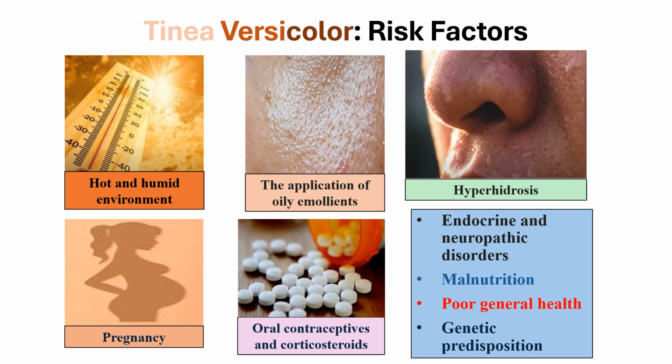So individuals are more prone to tinea versicolor during pregnancy. Also, oral contraceptives and corticosteroids, endocrine and neuropathic disorders, malnutrition, poor general health, and some individuals also have a genetic predisposition to tinea versicolor.